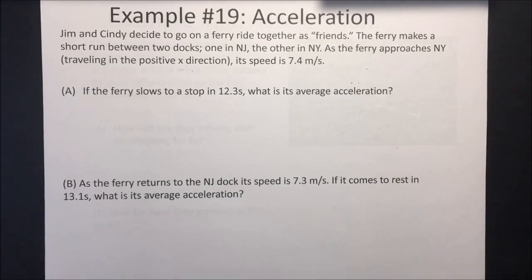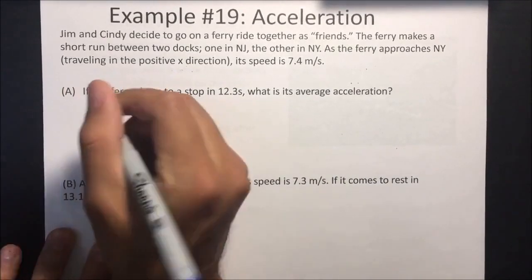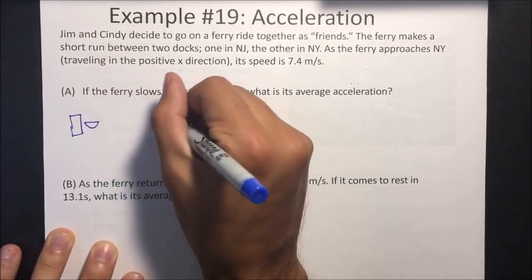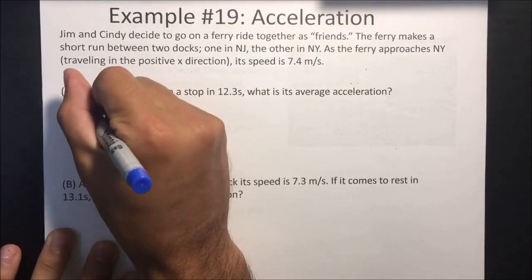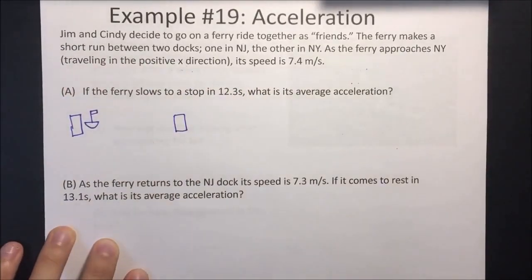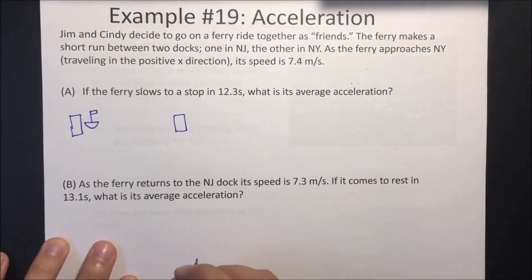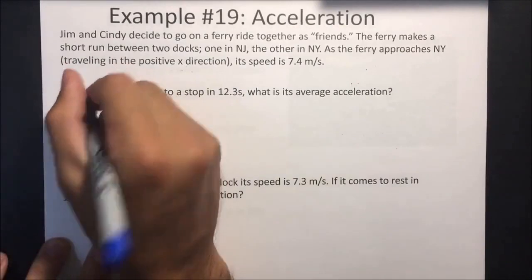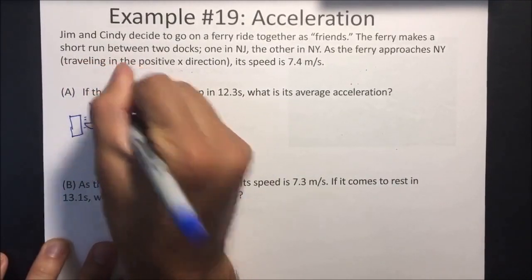So let me kind of draw this out first. We have the boat over here, and let's just draw a little dock over here, and we'll draw another dock over here. Okay, so this boat is riding along with a velocity equal to 7.4 meters per second.